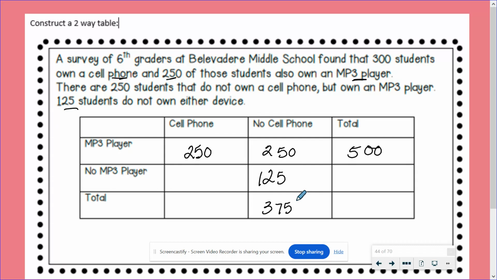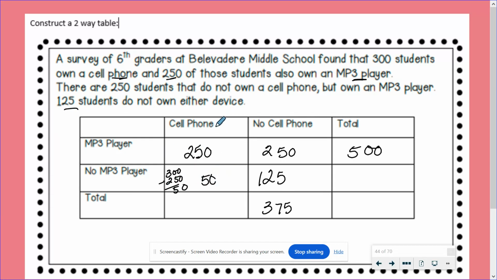So now I have to work on the other numbers here. So let's see, where can we go next? Well, we know that there were 300 people totally surveyed. So if I take 300 minus the 250 that have a cell phone and MP3 player, that's going to leave me with 50.